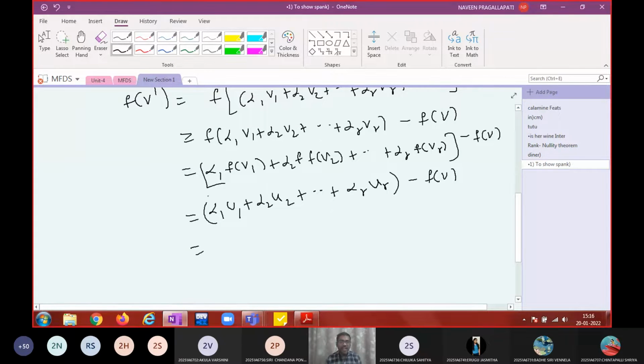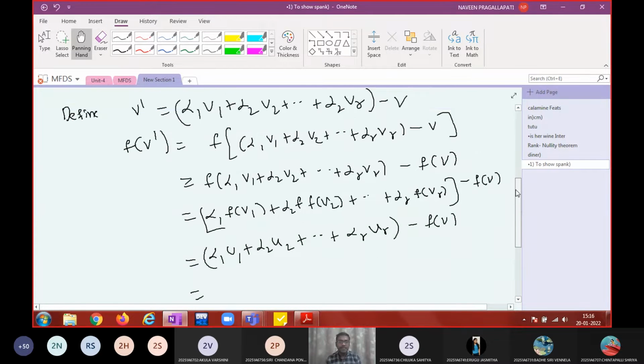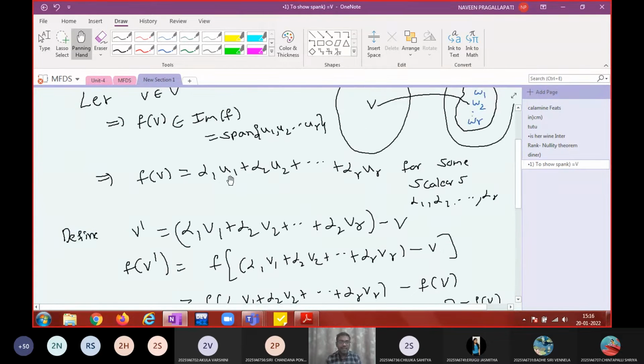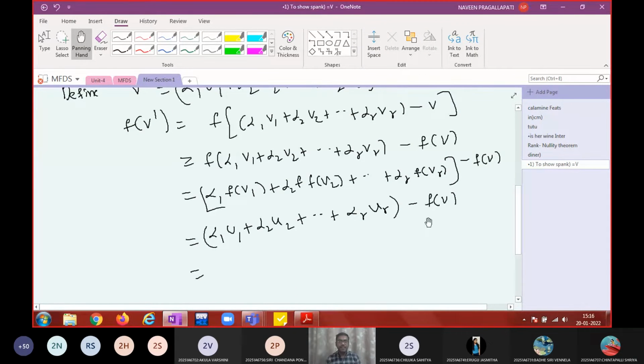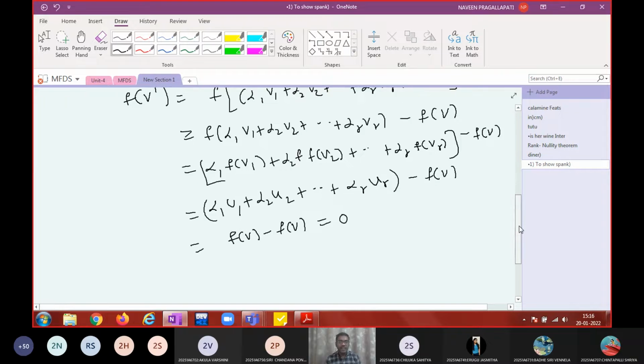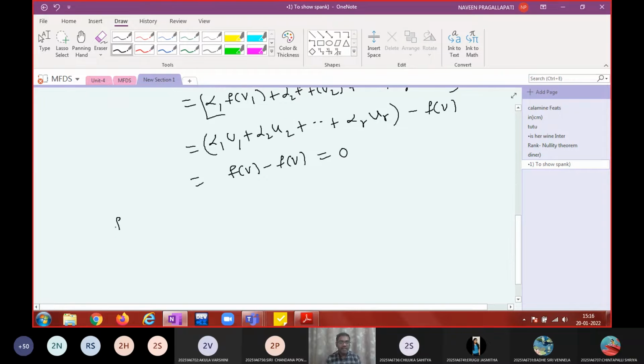Now can you identify what is alpha 1 u1 plus alpha 2 u2 plus and so on alpha r ur? That is nothing but f of v. So f of v minus f of v. What is f of v minus f of v? 0.